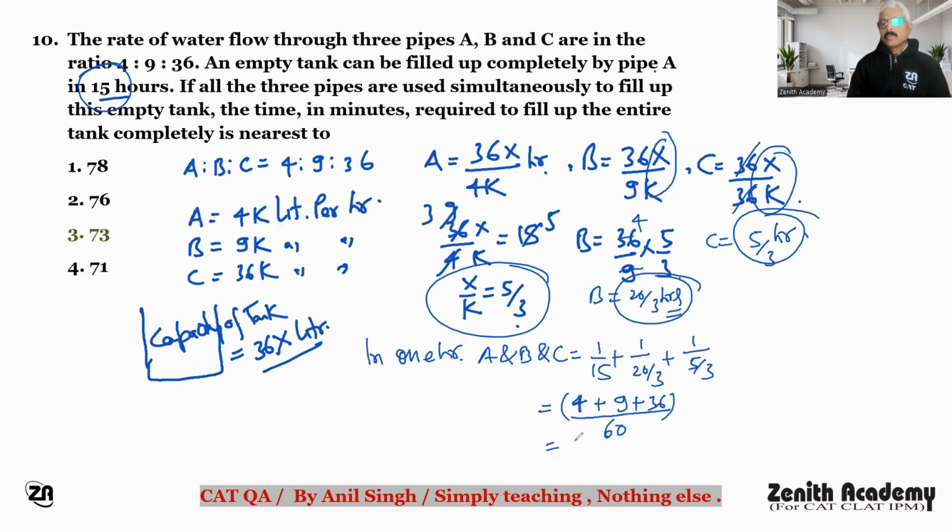So this is equal to 49 by 60. So in 1 hour, A, B, C will fill 49 by 60 of the tank.